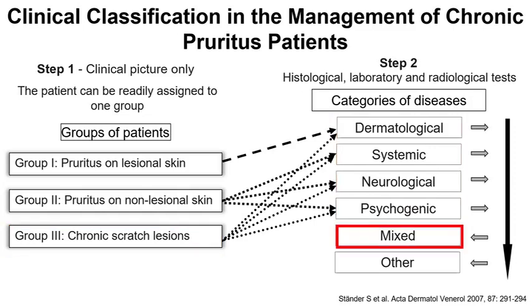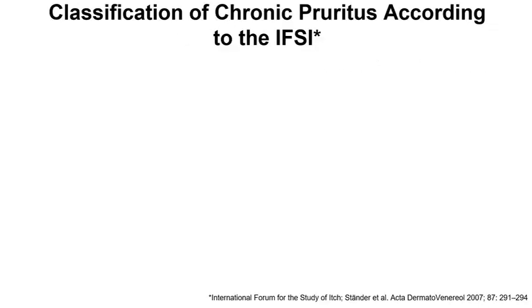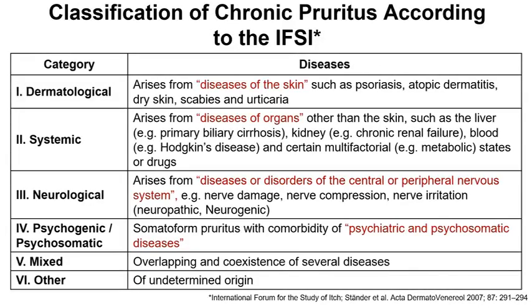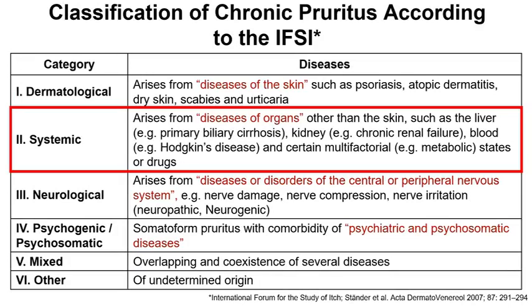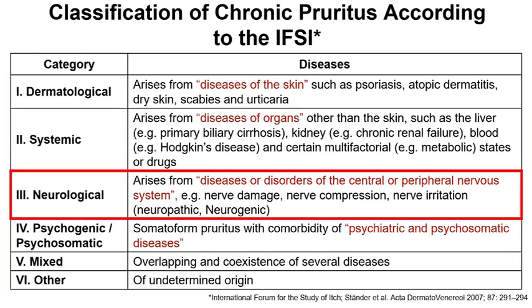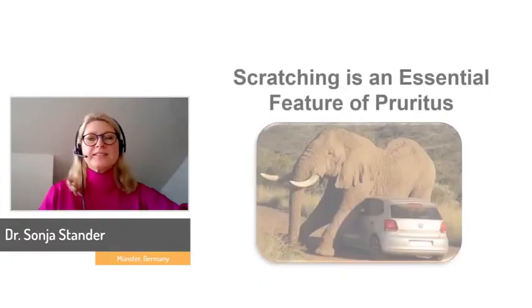And sometimes it's mixed, and sometimes we do not find an etiology. So this is another table summarizing what I just said. We have these different categories: dermatological, systemic, where we find chronic kidney disease, liver disease, neoplasia, and so on, but also intake of drugs. We have neurological diseases such as notalgia paresthetica. We have psychiatric and psychosomatic diseases.